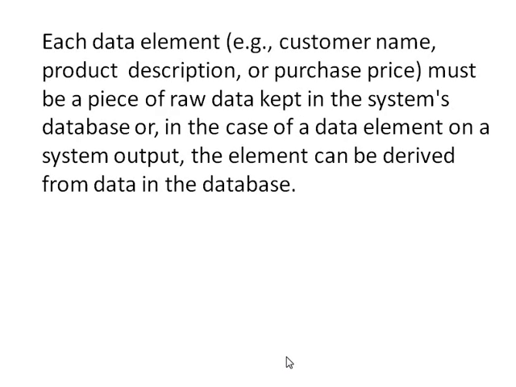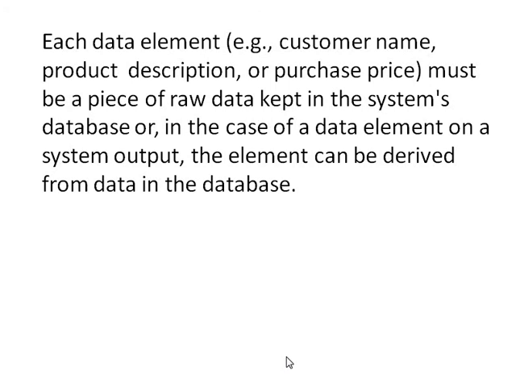Each data element, for example customer name, product description or purchase price, must be a piece of raw data kept in the system's database, or in the case of a data element on a system output, the element can be derived from data in the database.